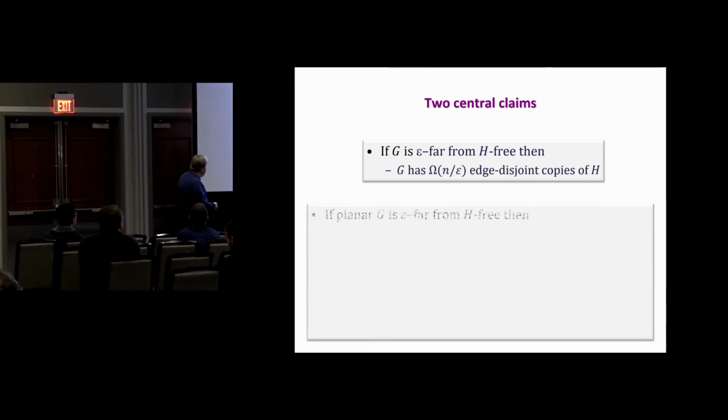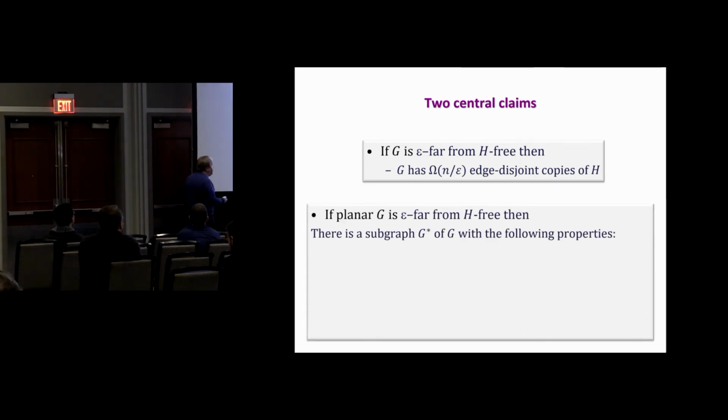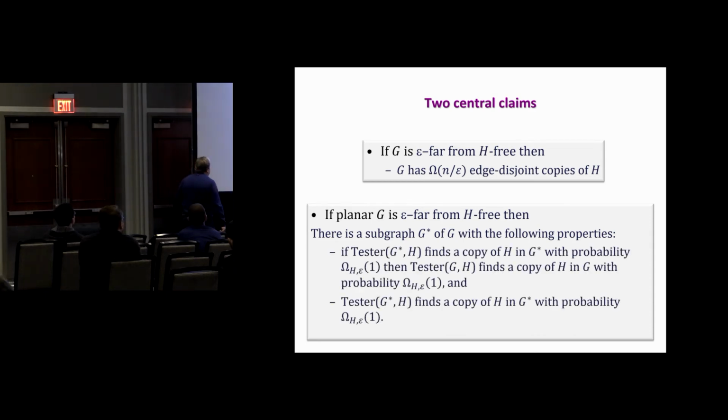The second claim is that we do have a special construction of a subgraph of graph G, which will have the following two properties. The first one is saying that if we run our BFS-like exploration algorithm on the original graph, and the algorithm will find something, then on this new graph G prime, which is a subgraph of G, it will find it with a constant times the original probability.